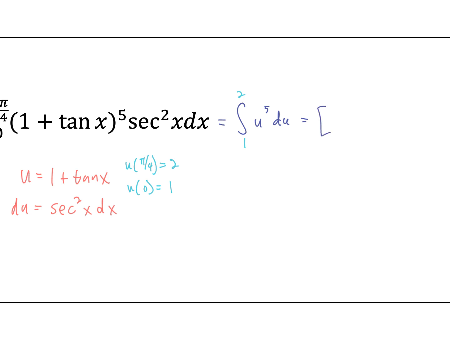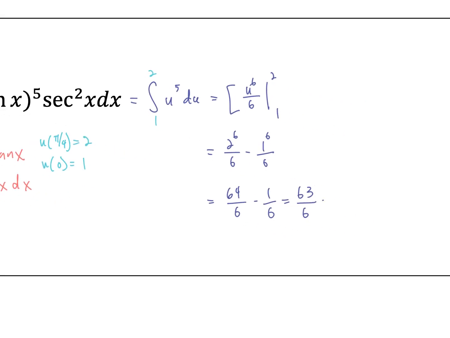The integral of u to the fifth is u to the 6 over 6. Plug in the top limit minus plug in the bottom limit. 2 to the 6 is 64. 1 to the 6 is just 1, so this will be 63 over 6. And then you could divide by 3 to simplify it, so it'll be 21 over 2.